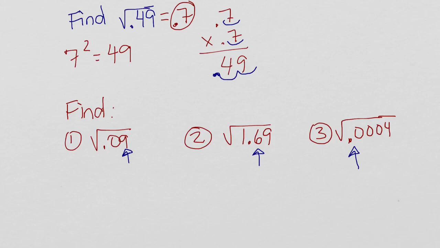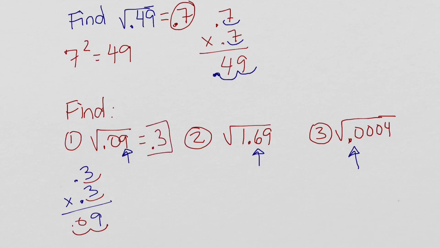So in number 1, it turns out that 0.3 times 0.3, 3 times 3 is 9, and then I've got to move the decimal point over 1, 2 spaces. So here, 1, 2, and I end up with 0.09. So you might notice something here.